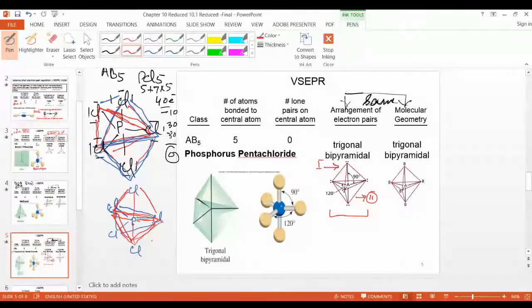And internally, we have one triangle here. So this is trigonal bipyramidal. Bi means two.